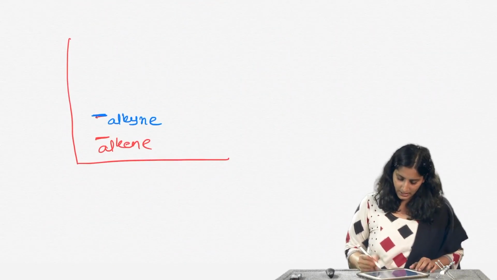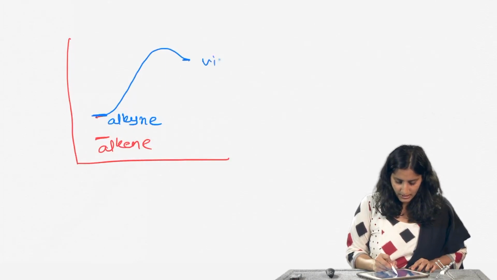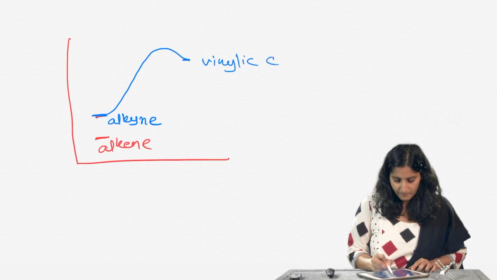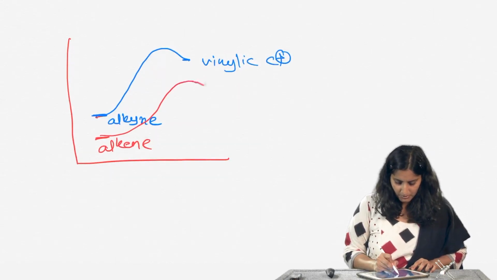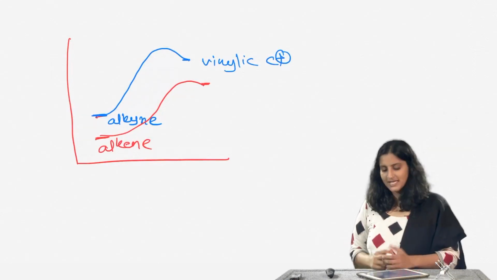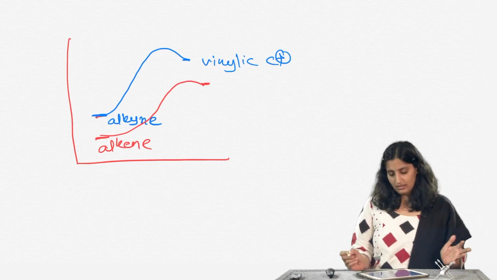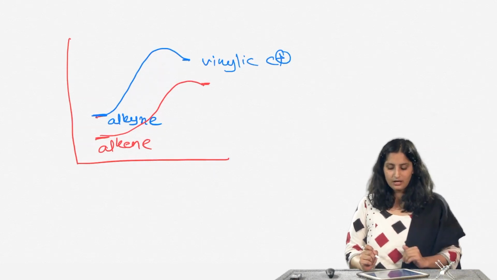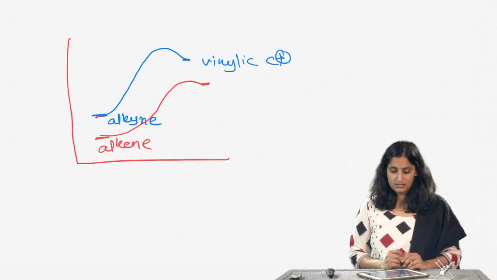So, what happens is that alkynes are going to form this vinylic carbocation, whereas alkenes are going to form maybe a tertiary carbocation, maybe a secondary carbocation, but they are going to be a little bit more stable than the vinylic carbocation that gets formed in the case of alkynes.